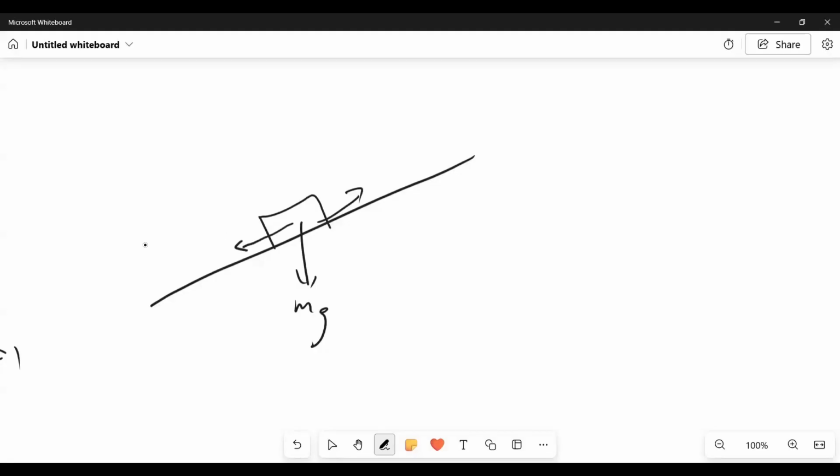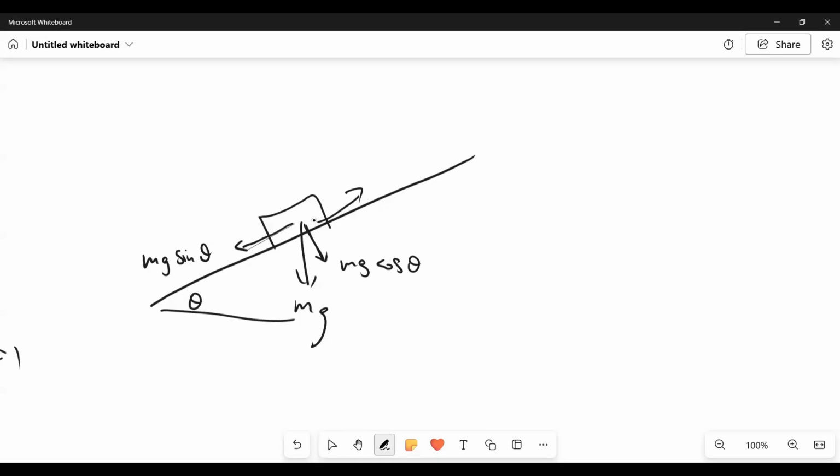So going down here, let's say this angle is theta, is going to be mg sine theta, and down here is going to be mg cos theta, right? So we resolve the force along the inclined plane, and here perpendicular to the inclined plane. So in this case, we didn't go horizontally and vertically. We went along the plane and perpendicular to the plane.